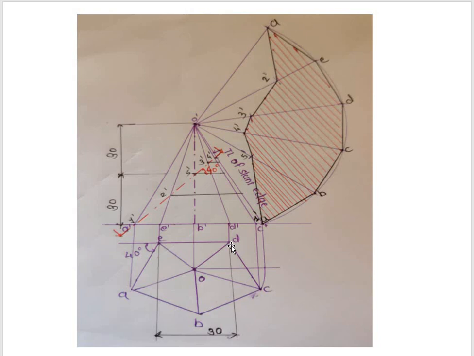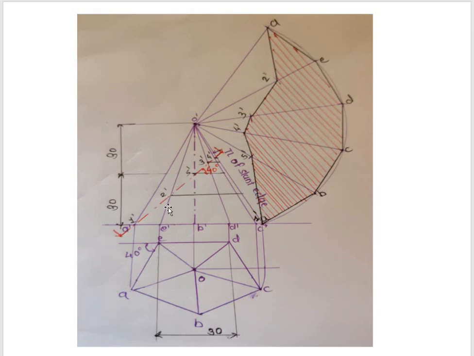So now take the distance ED, or one of the sides, that is 30 mm, in the compass, and mark simply 1 2 3 4 and 5 on this arc, okay. After that, join the last point up to the O dash in this way, and make all these generators dark.